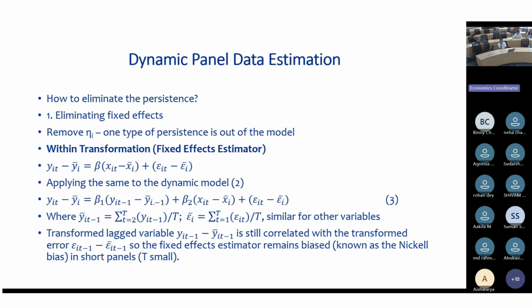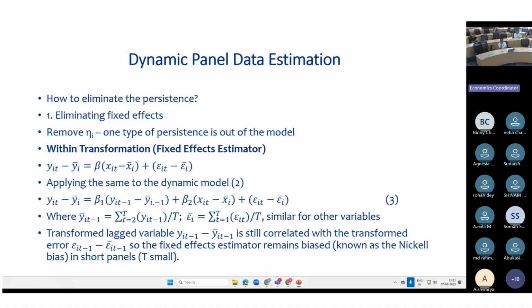When you subtract it from the mean value, there is one observation less, right? One observation is less in the case of t minus 1, isn't it? So we are just going to denote it as y bar i dot minus 1, just to indicate that one observation is missing.